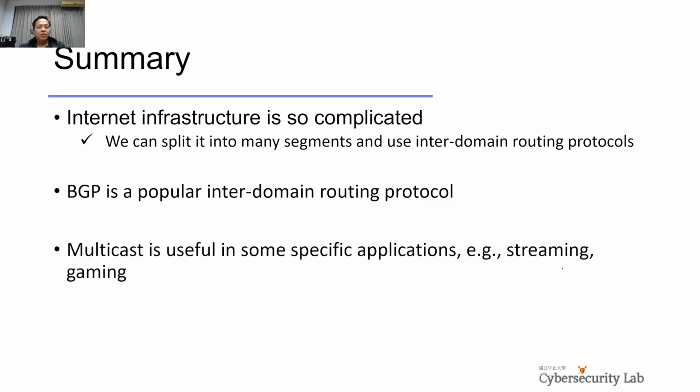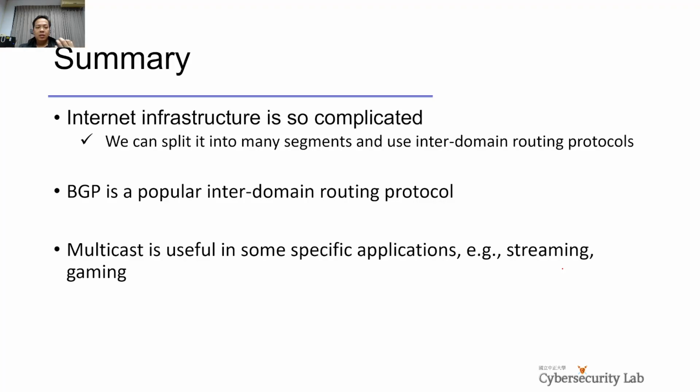In this video we already covered the firewall, right? How you can configure the firewall, what the global internet structure looks like, and we know about BGP, the interdomain routing protocol, and we know about multicast, which may be very useful in specific applications like streaming or gaming.